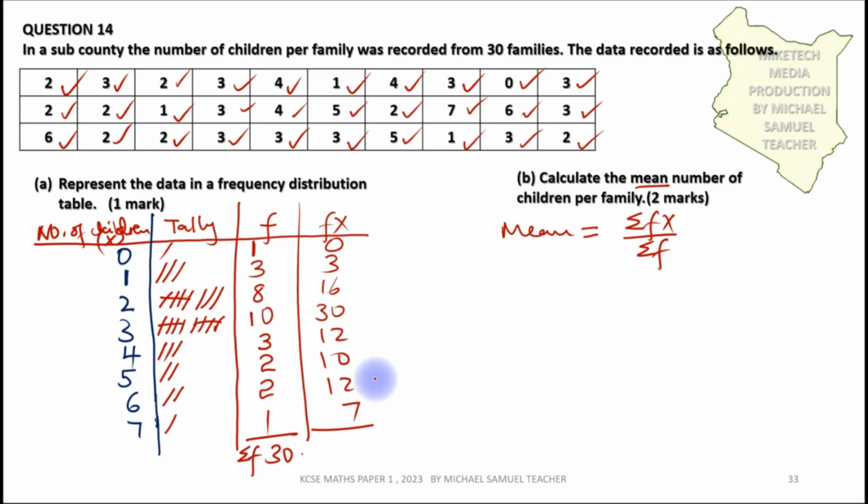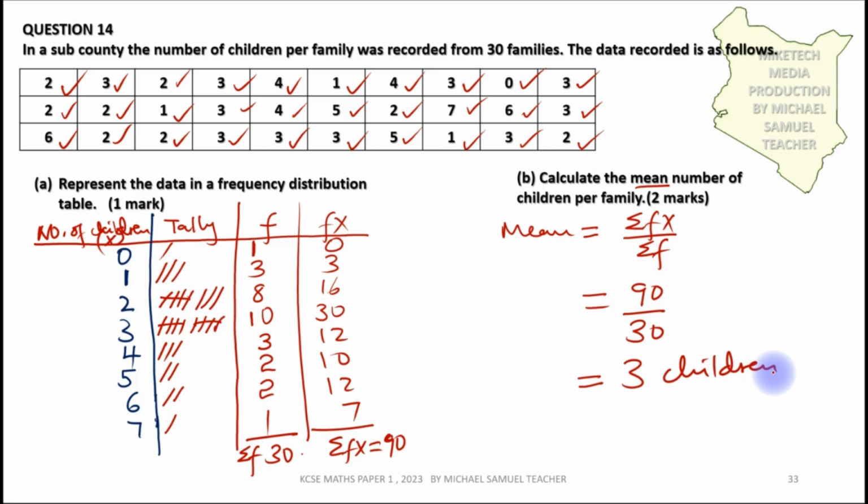If we add all the totals, we should get 90. Therefore the mean will be the sum of fx, which is 90, divided by the sum of f, which is 30. So the mean number of children in a family is 3 children.